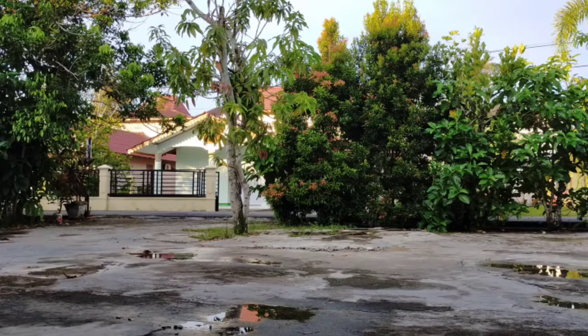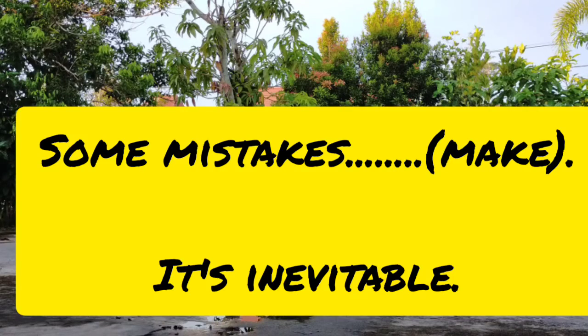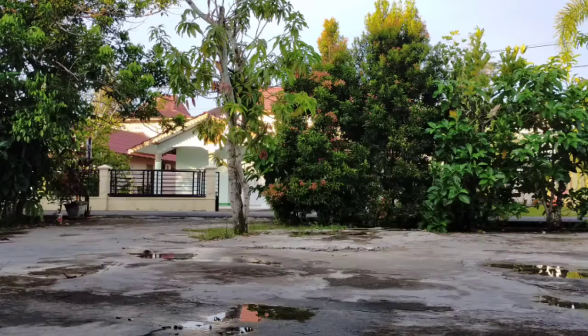Number 4. Some mistakes blah blah blah in bracket make. It's inevitable. So what is the subject? Mistakes. Is it receiving or doing an action? It's receiving, so it should be in passive. Okay.